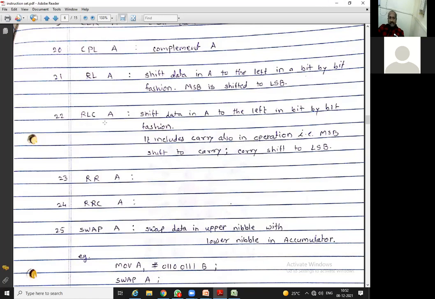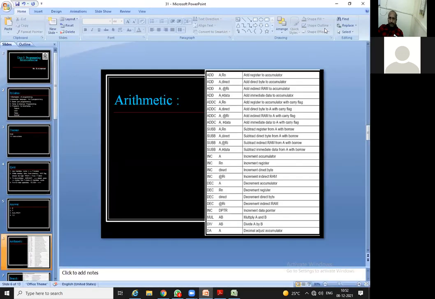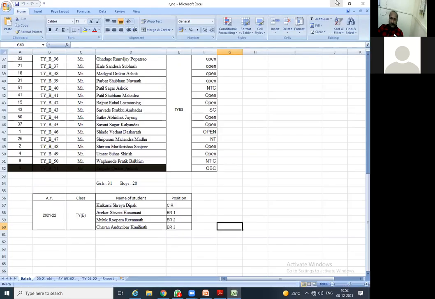Similarly, RLC A, rotate left with considering the carry. Got it? So for that we will try to give one example also, so that the difference between RL and RLC will get clear. Okay, so I will just minimize this one.